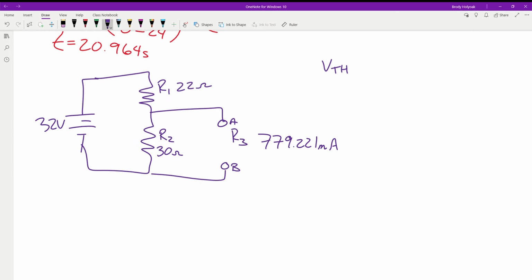So we've got 22 ohms and 30 ohms. So we've got 32 volts multiplied by 30 over 52. We just use voltage divider to solve for this.